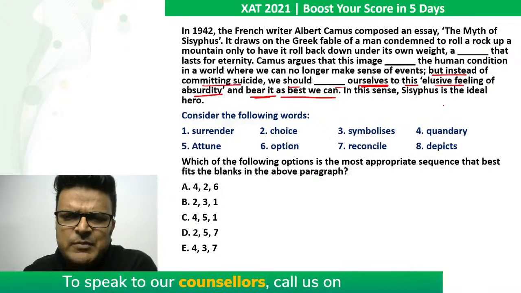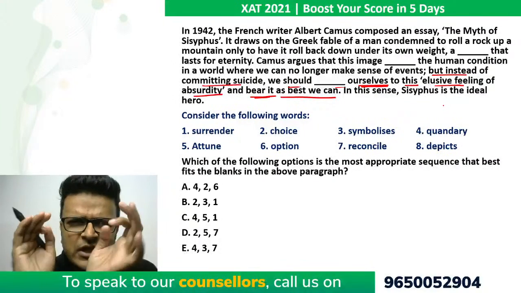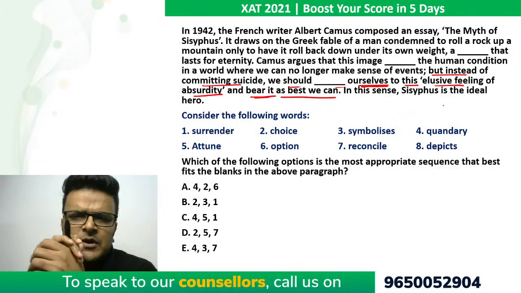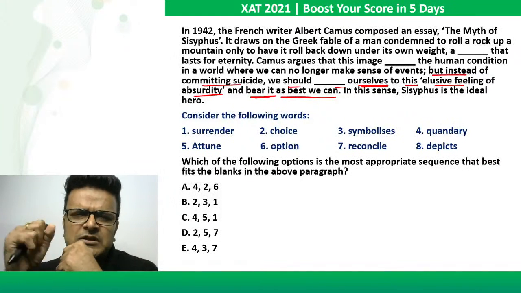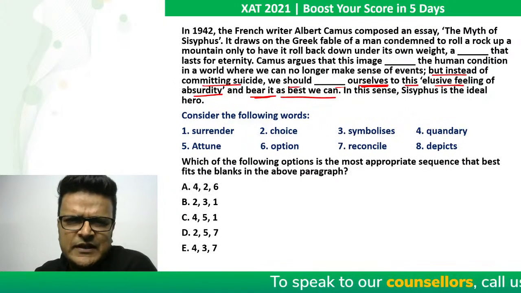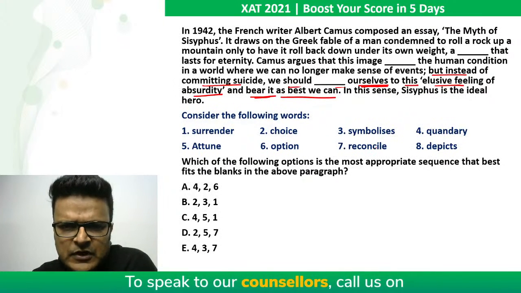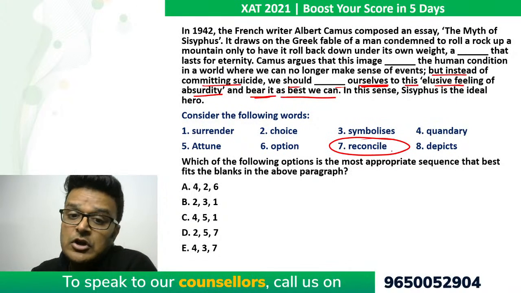This statement tells us to put up with this, bear it. We should dash ourselves to this and bear it means what? Compromise. Can we say that? Can I say therefore the best word that goes with that is reconcile, not surrender?